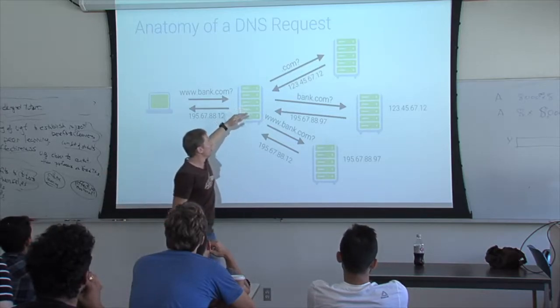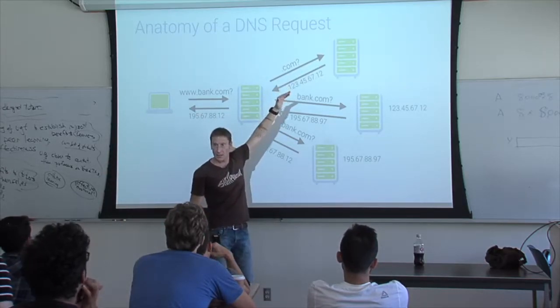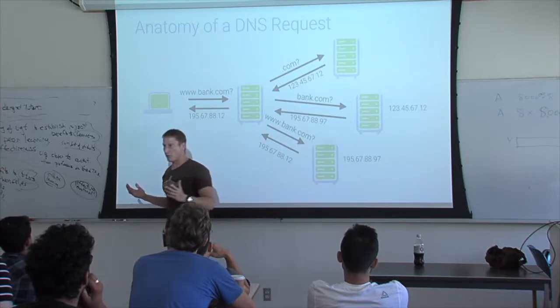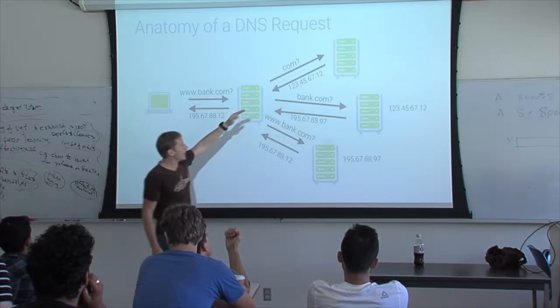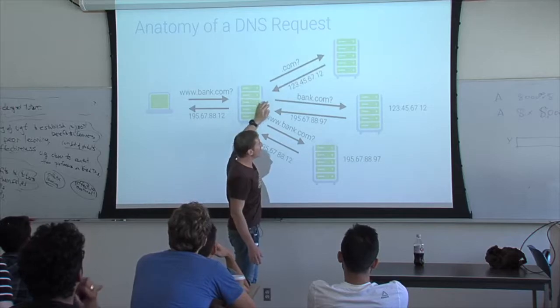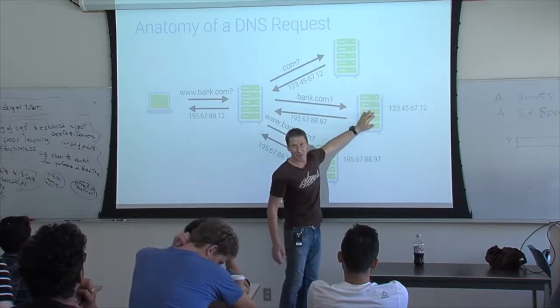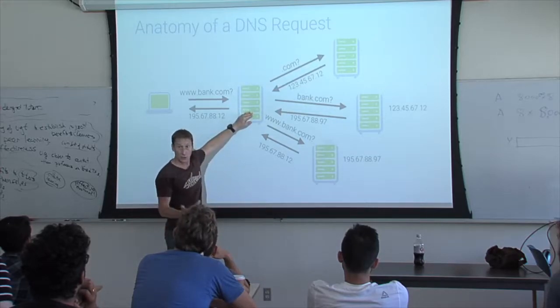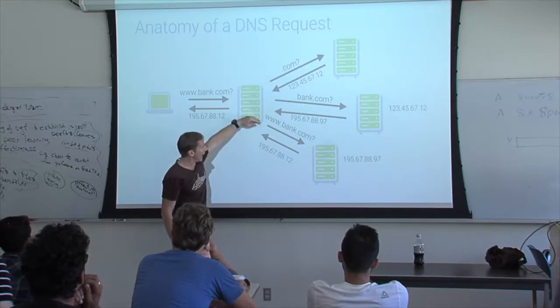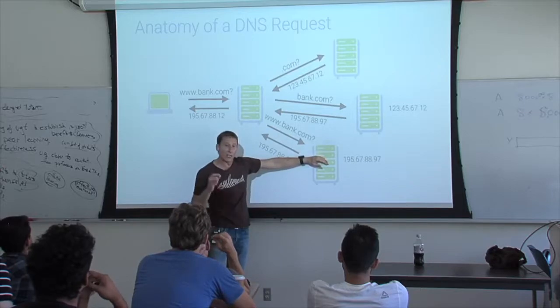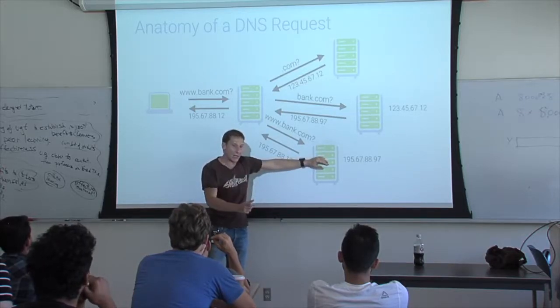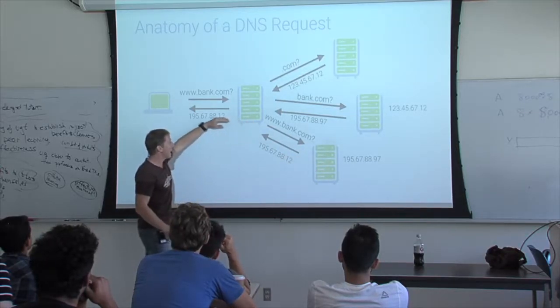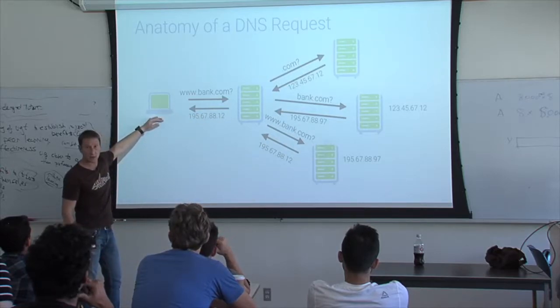And of course, it will go to a root server and say, where is the server responsible for .com? And you get an IP address. And then it will go say, okay, who is bank.com? And you will get another IP address for another domain server. And then we'll ask this domain server, okay, I'm interested in www.bank.com. You will get an answer, and this is the answer that you will send back to your client.